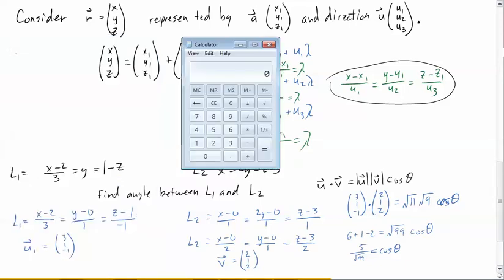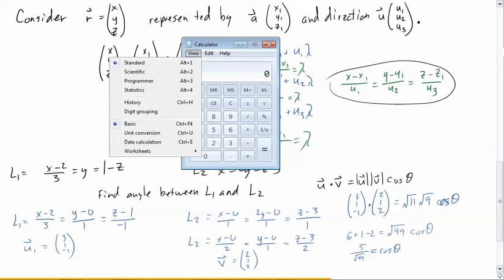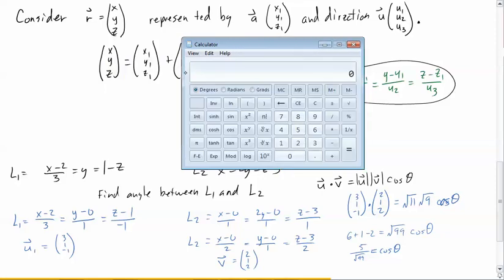And so what I'm going to do at this point is I'm going to bring up my handy dandy fancy calculator here, which I know is not very fancy, but we can make it fancy. And so I'm going to go 5 divided by the square root of 99. All right, that didn't work the way it was supposed to.